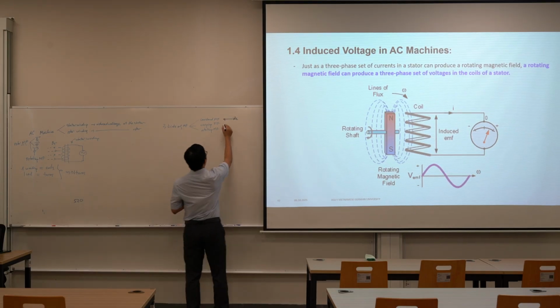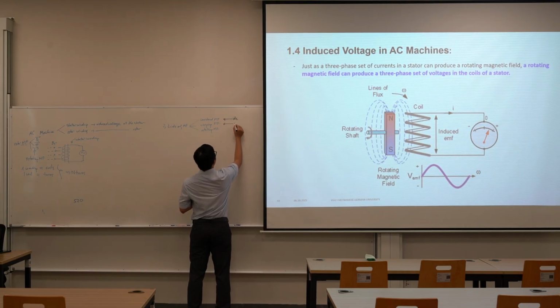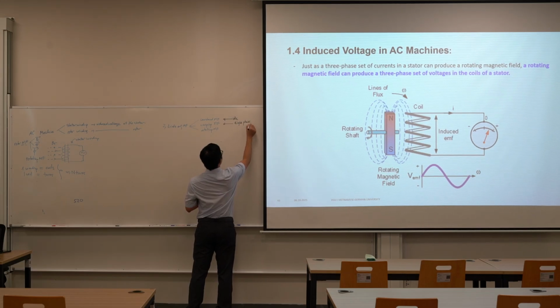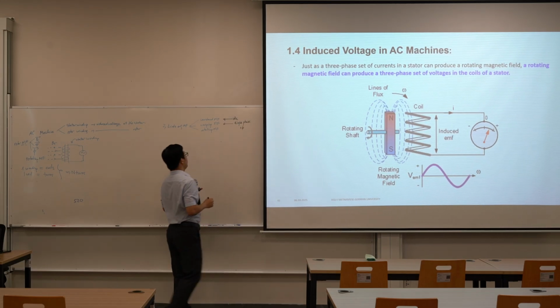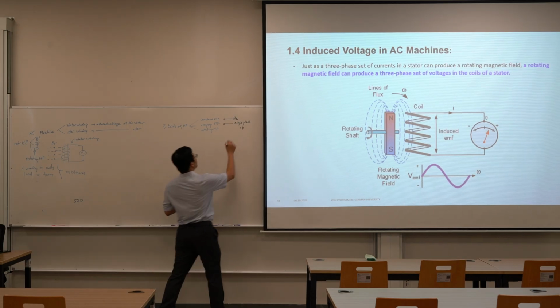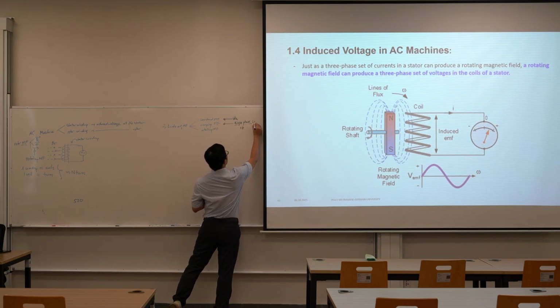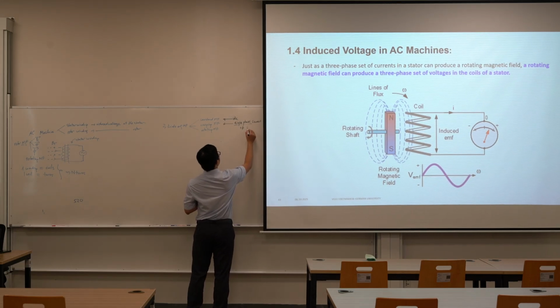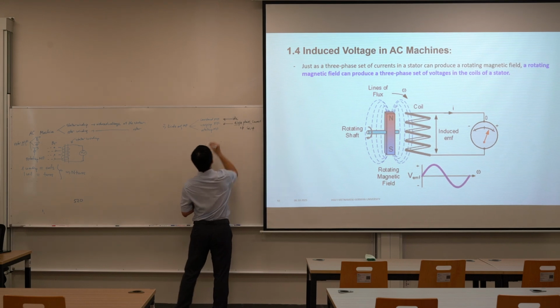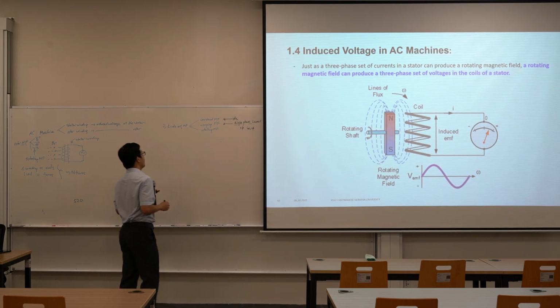When we apply a single-phase current, IAC single phase, we get a varying magnetic field.